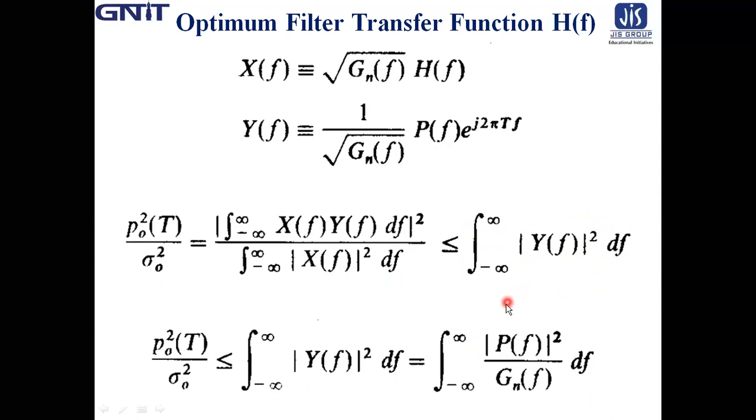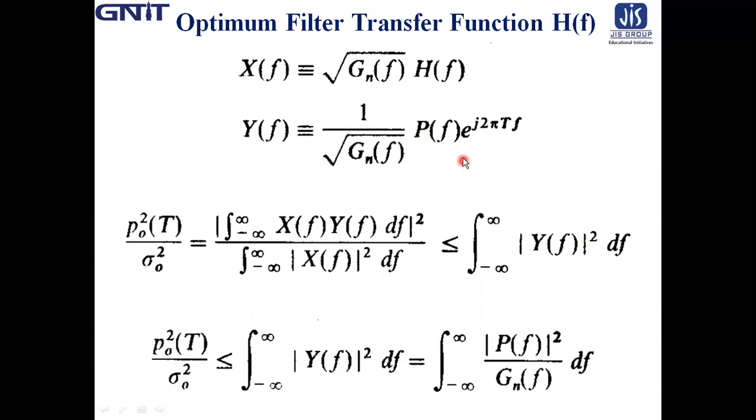So gamma square will attain its maximum value when the equal sign holds, as is the case when x(f) equals k into y star(f).